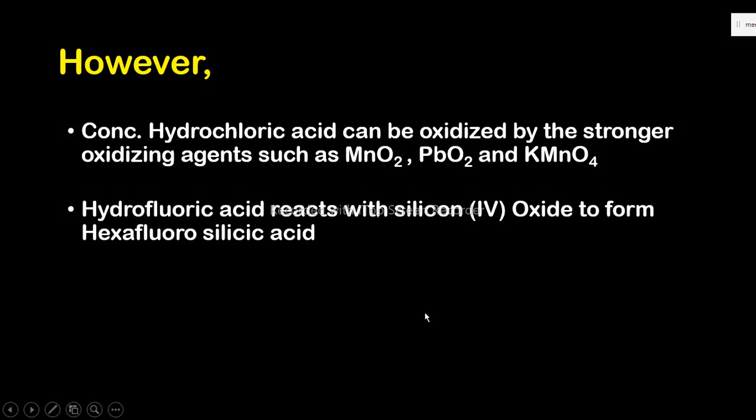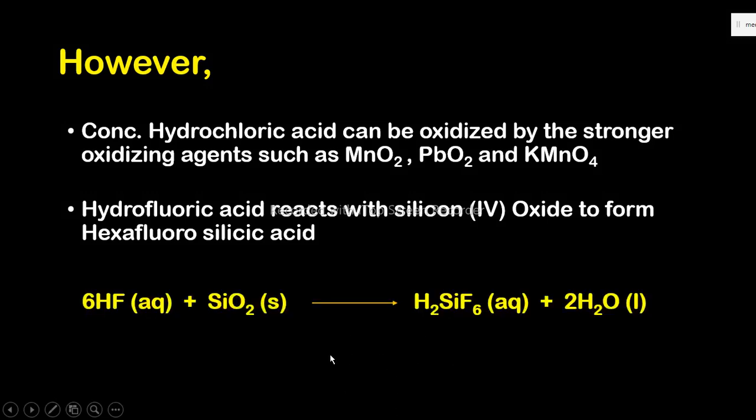There is no other acid that can react with silicon oxide. So hydrogen fluoride or hydrofluoric acid reacts with silicon oxide to form hexafluorosilicic acid plus water.